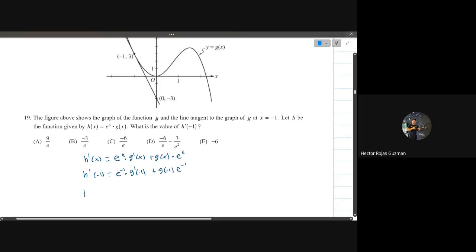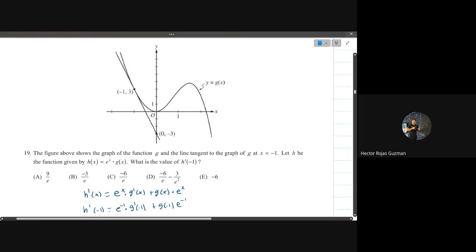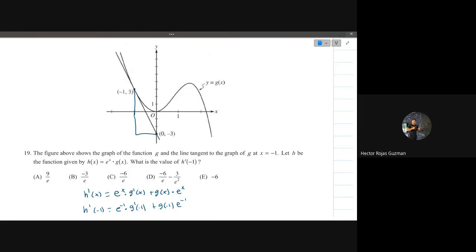Now, the next challenge is to figure out what g of -1 is and g prime of -1 is. So g prime of -1 is the slope, right? And we were given a tangent line, so we can figure out the slope by doing rise over run. The rise is -6 and the run is +1. So the slope, g prime, is -6.